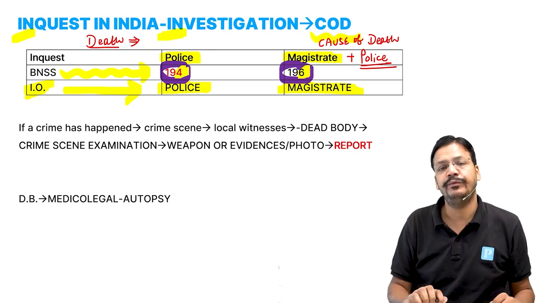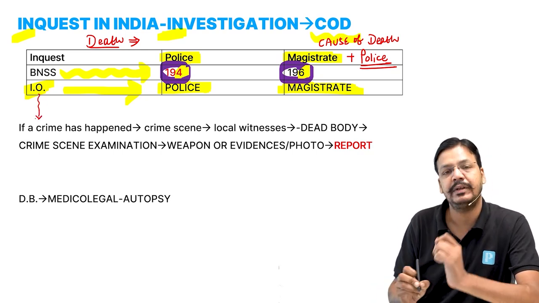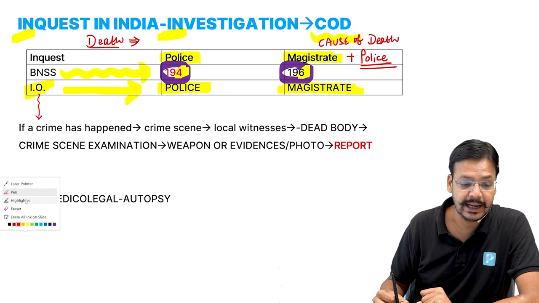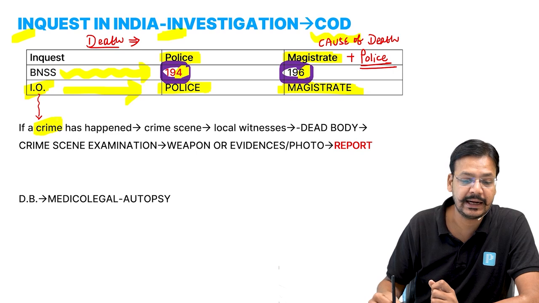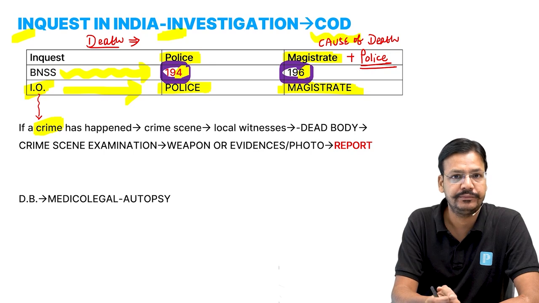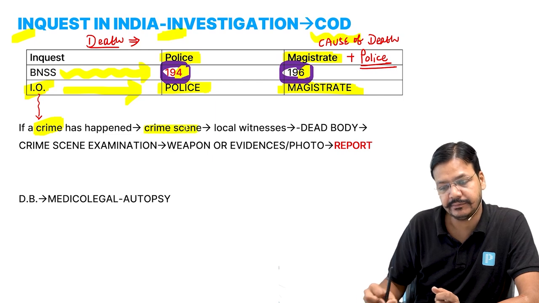Now we are coming to an important part. As I told you, your IO is either police or magistrate. If somewhere a crime has taken place and someone informed you, like there's a murder, the IO will go to the crime scene.